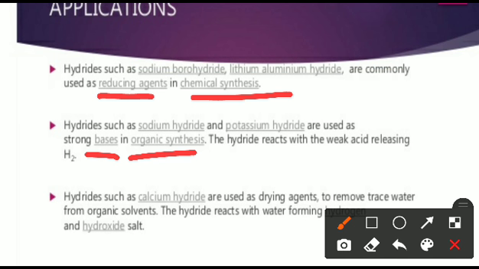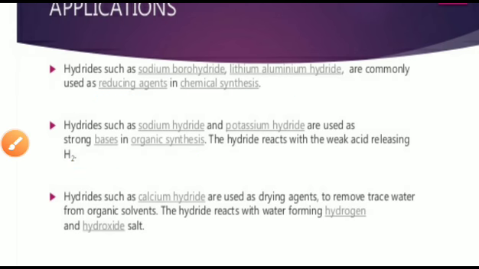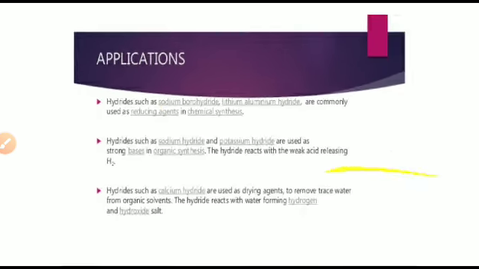These hydrides react with weak acids releasing hydrogen. Next, hydrides such as calcium hydride are used as drying agents to remove trace water from organic solvents. The hydride reacts with water forming hydrogen and hydroxide salt. This is about the applications of the hydrides.